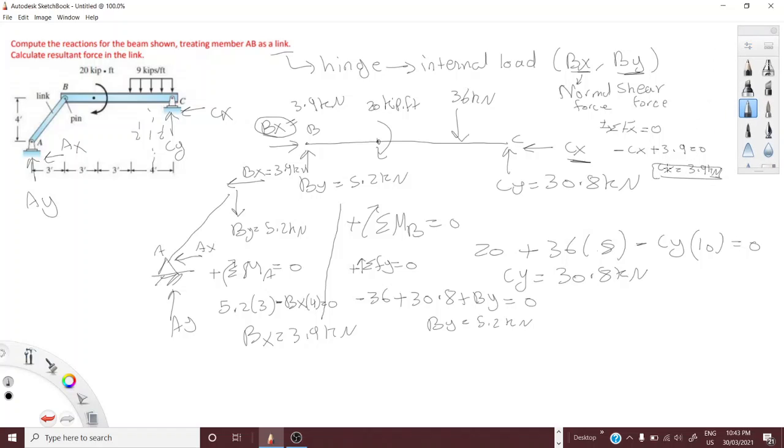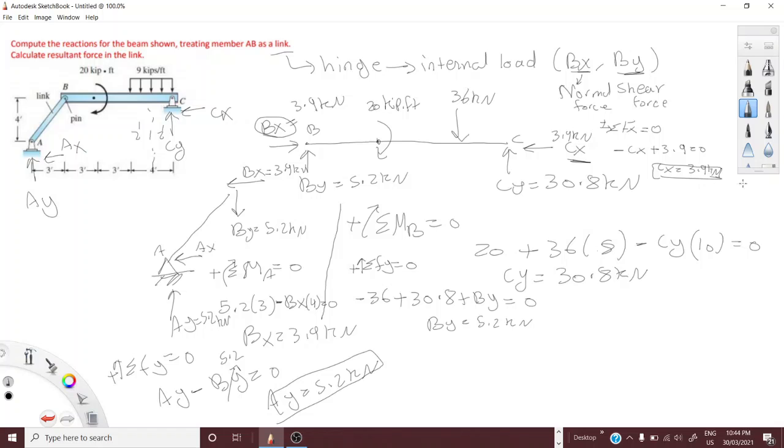Similarly, this one is downward, so Ay will be 5.2 kilonewton, by saying summation of Fy, upward positive, equal to 0: Ay minus By equal to 0, where By is 5.2, so Ay is 5.2 kilonewton.